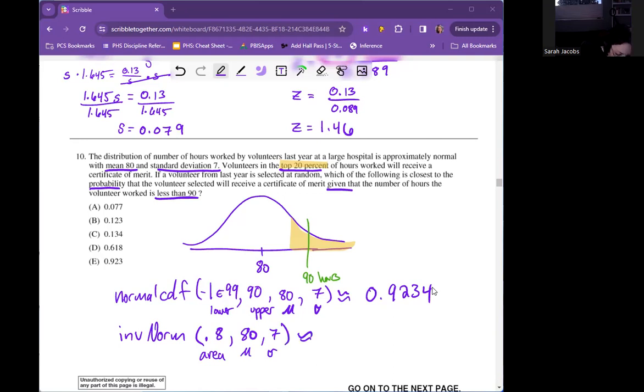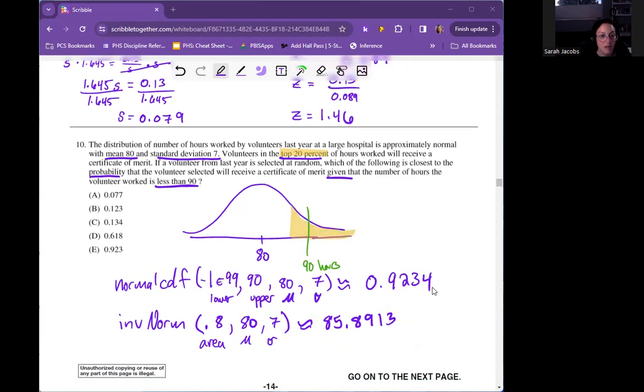And if you have the option, leave your tail left. And we get 85.8913. So this is the lowest number of hours you can work while still getting a certificate of merit, while still being in the top 20%.